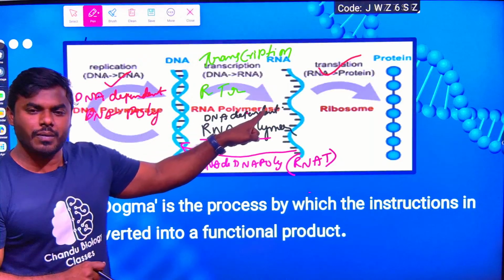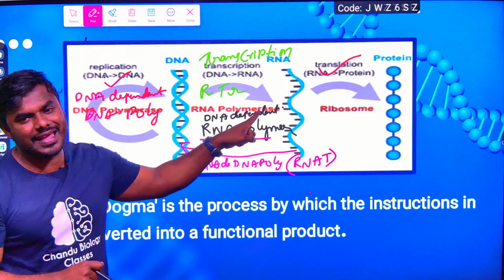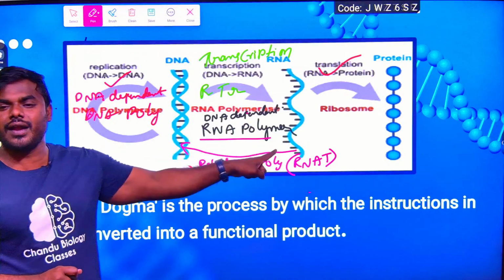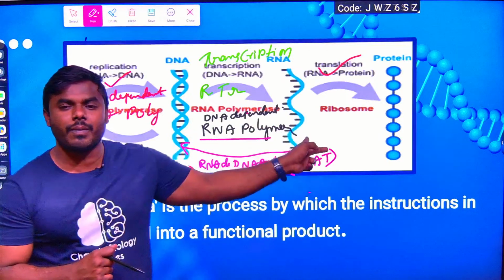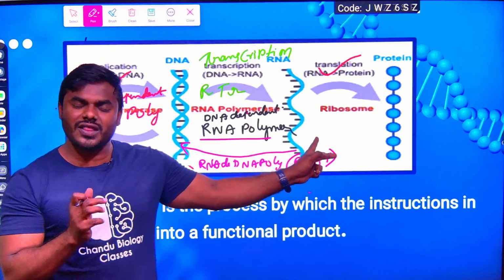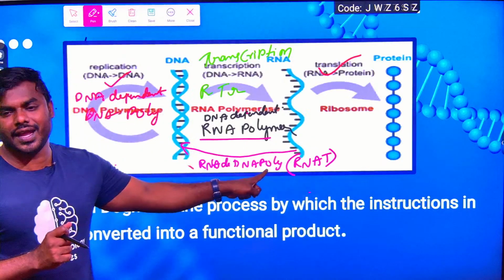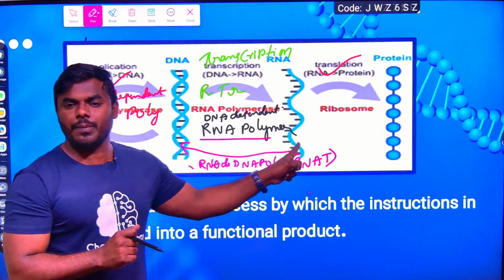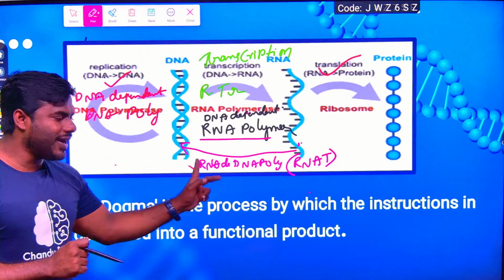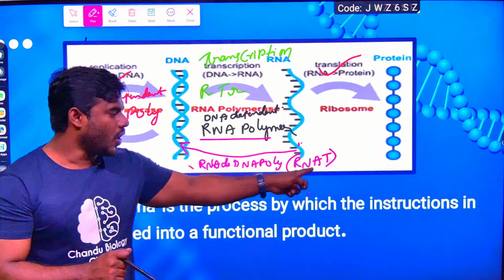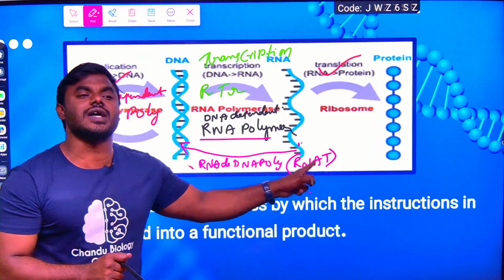Guidance comes from DNA. Hence DNA dependent RNA polymerase. I want to synthesize the DNA from RNA. The enzyme involved in the synthesis of DNA is DNA polymerase, getting information from RNA. Hence RNA dependent DNA polymerase, also called reverse transcriptase.